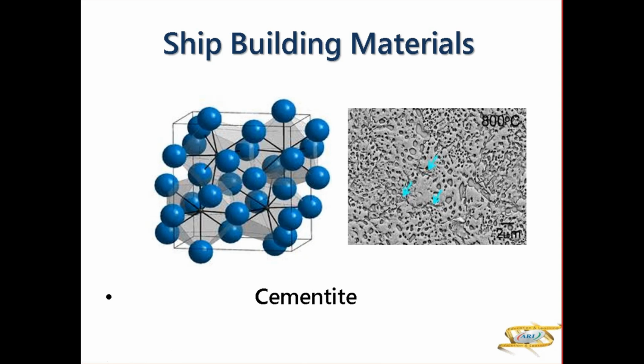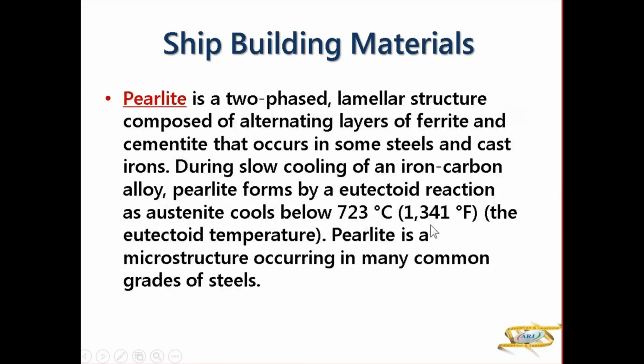Now, if you see cementite, the structure is orthorhombic, with a carbon atom followed by 3 atoms of iron. You see the grain-like structure of the cementite. The other structure is pearlite. That is also Fe3C, but depending on the heating, the structure will change.